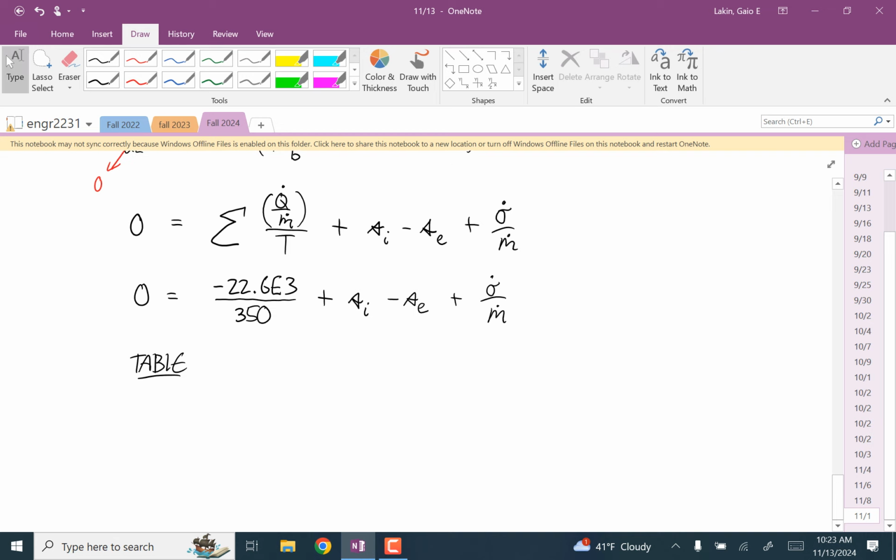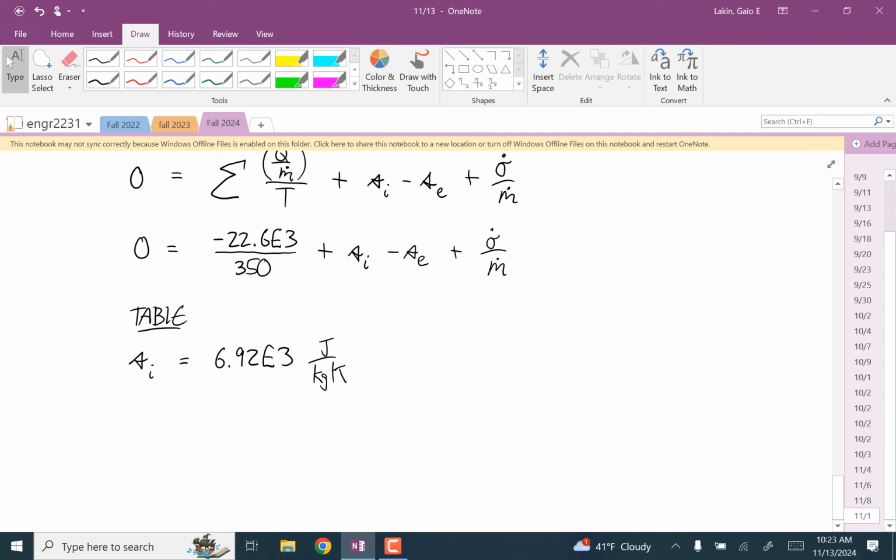So from a table, we have that the specific entropy at the inlet is 6.92 times 10 to the third joules per kilogram Kelvin. And at the exit, 7.35 times 10 to the third joules per kilogram Kelvin.